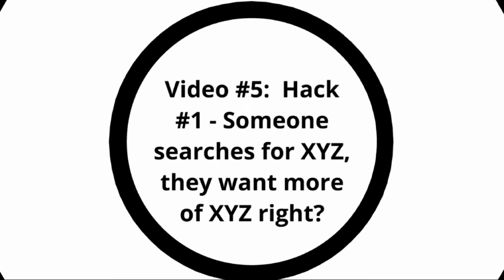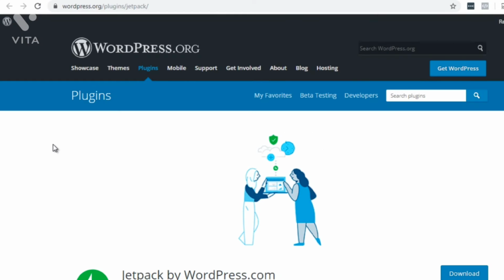All right, so let's talk about plugins that you can use. Now, before we discuss what plugins you should use for setting up the related post functionality, you want to bear in mind that whenever you choose a plugin, you should choose one that does not slow your site down.